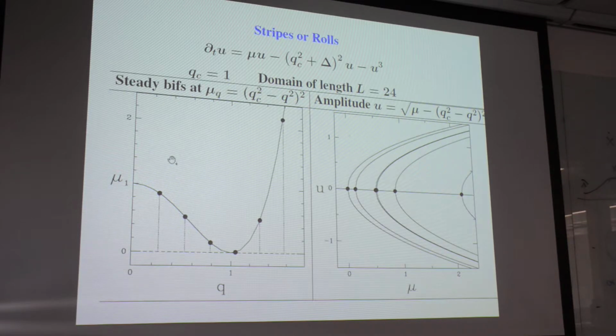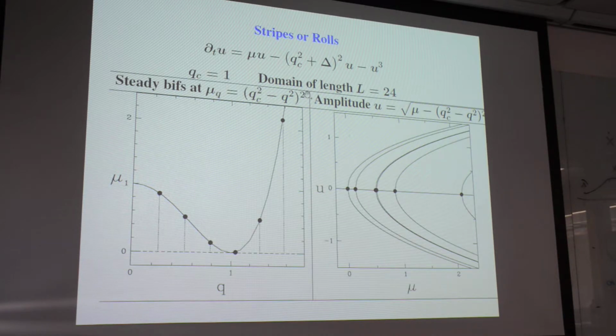We have steady bifurcations when, we always have the solution u equals 0, and u equals 0 loses stability, we're used to that by now, at mu minus qc squared plus q squared equals 0, successive bifurcations, and the curve of that as a function of q looks like this. It's a quartic curve. Okay.